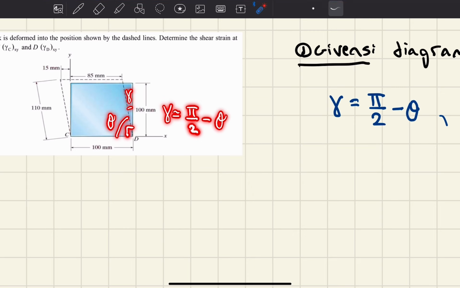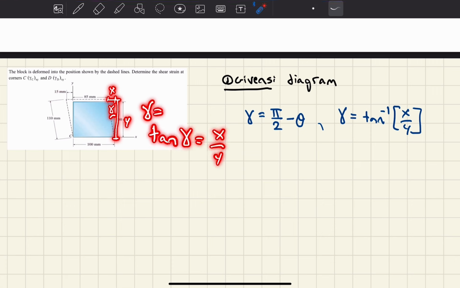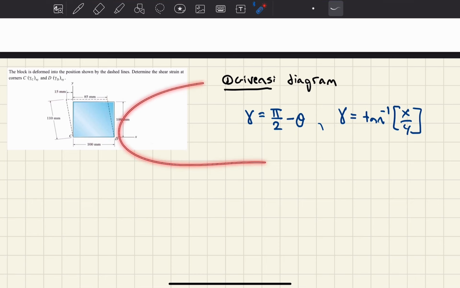Okay. What's x over y? Well, it's basically the same thing. If I know this distance over here, x, and I know this distance over here, y, I can find gamma, the angle, using the inverse tangent function, because tangent, in this case of gamma, is equal to x over y, right? So that's what it represents physically, right?